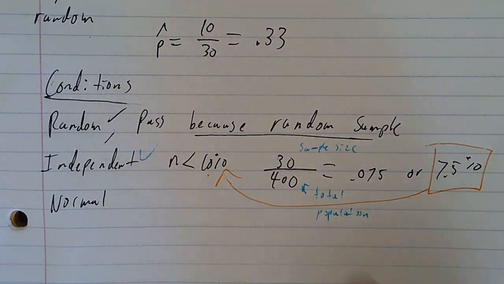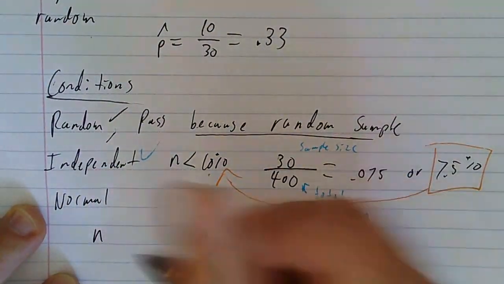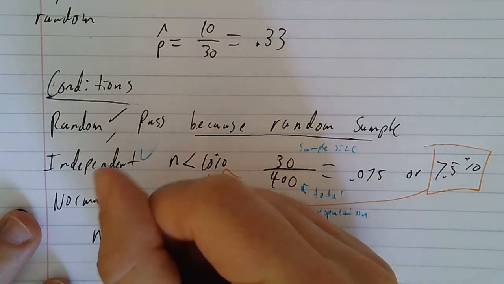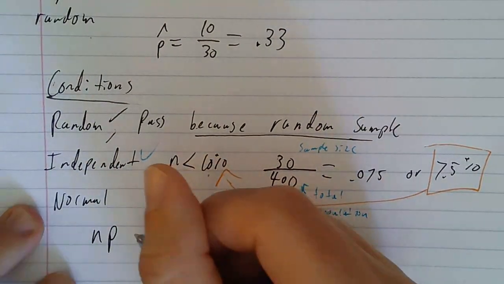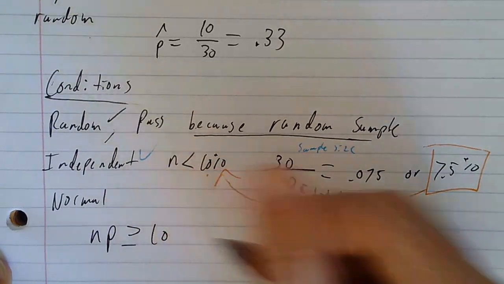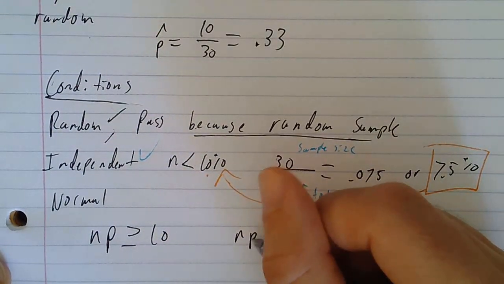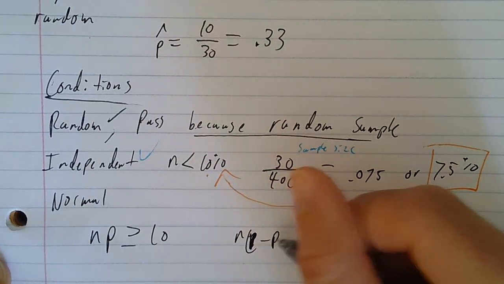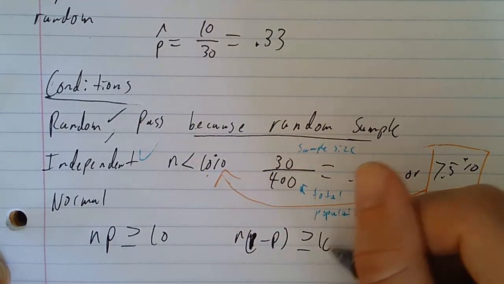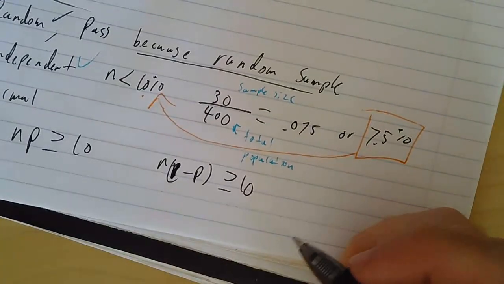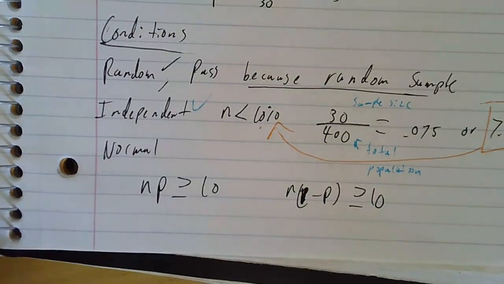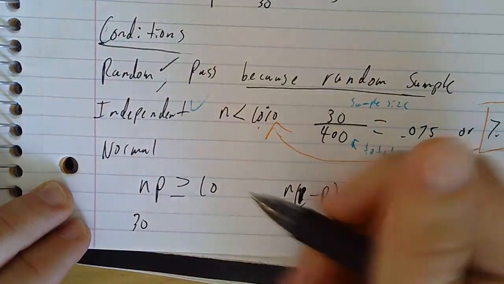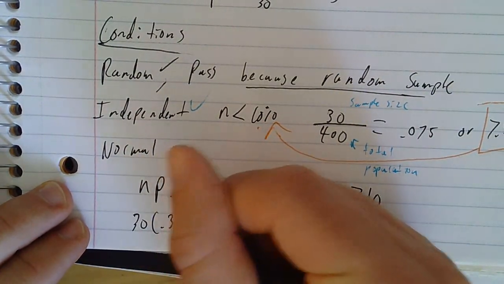And the last one is normal. And normal, in the case of confidence intervals, is n p has to be greater than or equal to 10, and n times 1 minus p has to be greater than or equal to 10. So my n is 30, and my p is 0.33.